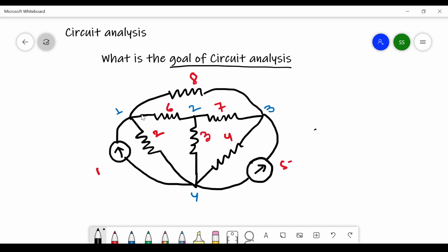Let's say we have a circuit, and in this particular circuit we have 4 nodes, 1, 2, 3, 4, and this circuit has 8 branches, 1, 2, 3, 4, 5, 6, 7. Okay. Now we have 4 nodes and 8 branches.